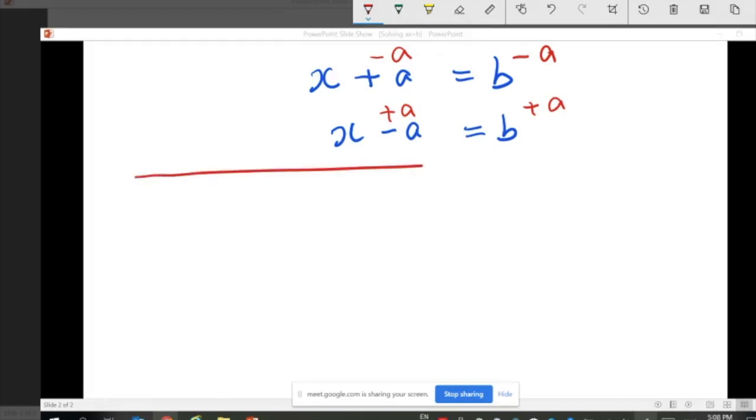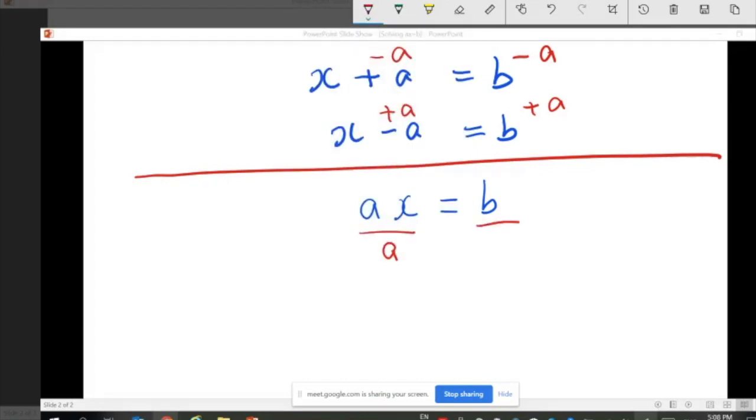Today, we have learned how to solve equations of the form ax equals b. In order to solve an equation of this type, you need to divide by a on both sides of the equation.